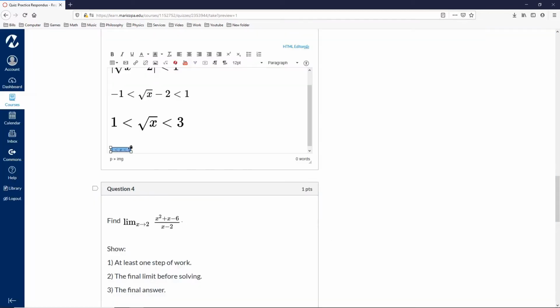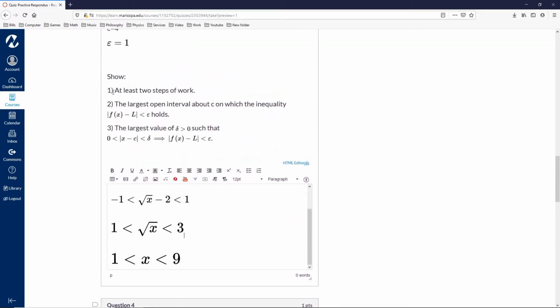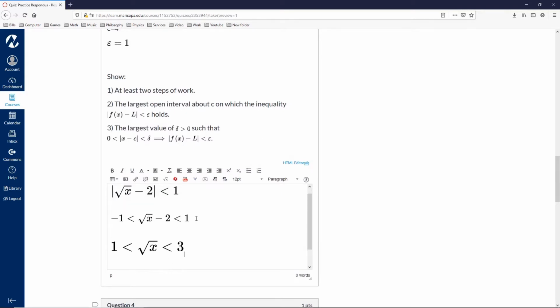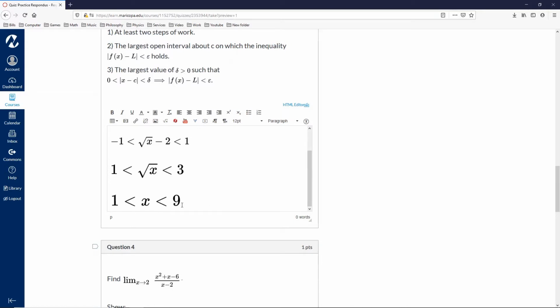And there we go. So just by doing this, I've already satisfied show at least 2 steps of work. So there's at least 2 steps. I've already shown 1, 2, 3, 4. And then right here, well, I've actually shown 3, because here's our final answer then for part 2, the largest open interval about C. There it is, 1 to 9.